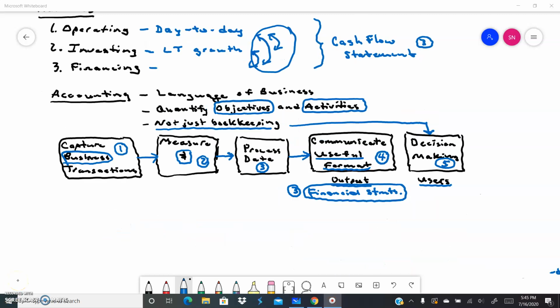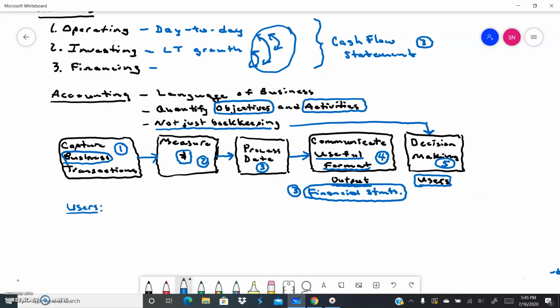So now we understand our financial statements. Again, the financial statements are going to be very valuable to the users of those statements to make decisions. And again, we talked about specific users of those statements, but let's just make sure we understand.